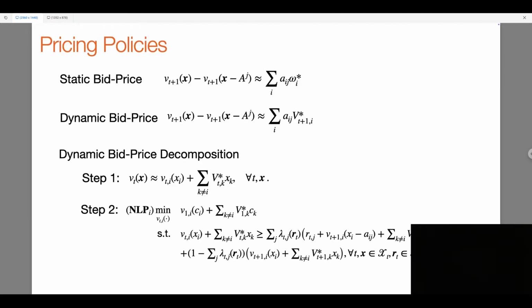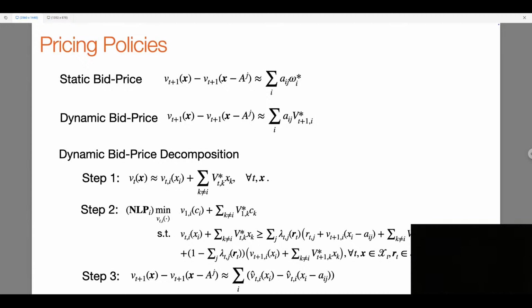And then for step 2, we solve this minimization problem, which is the result that we substitute the approximation into the original problem P5. And solve this problem, we will finally get the buy price with this approximation. Here the V_t^i hat is the optimal solution for this minimization problem.